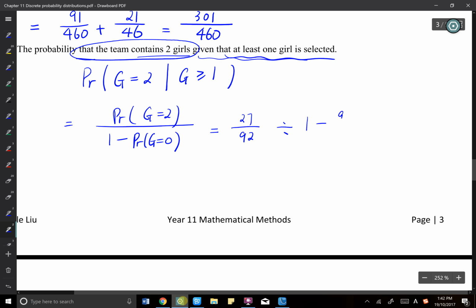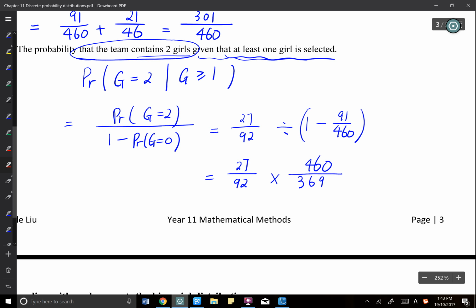So 1 minus 91 over 460. 27 over 92 times 460 over, okay, you subtract that, that's 369. I think that will be the answer.